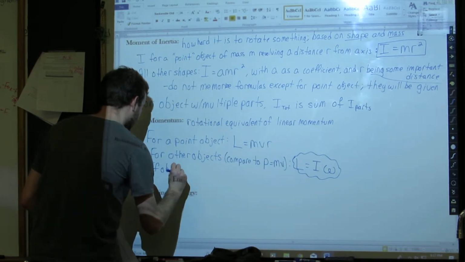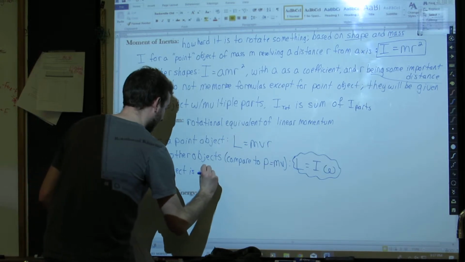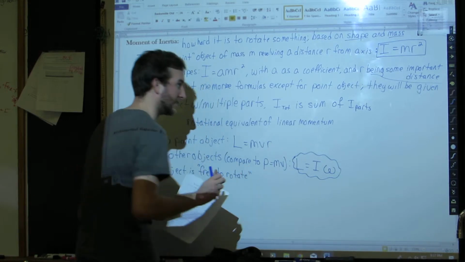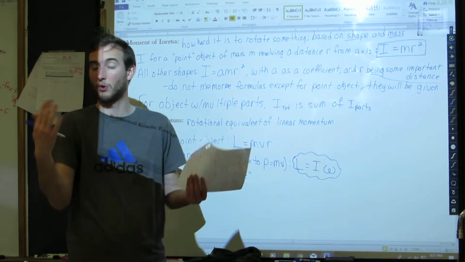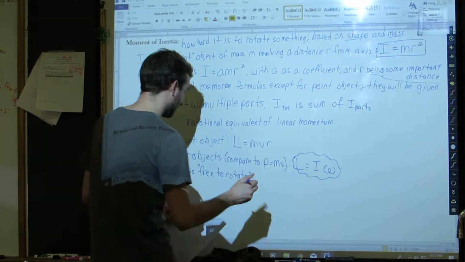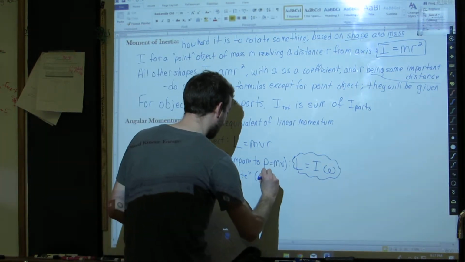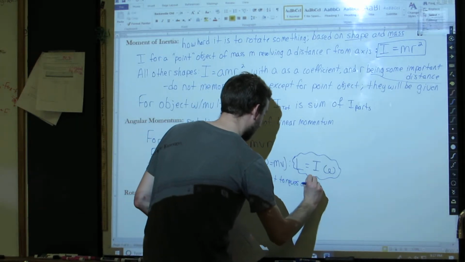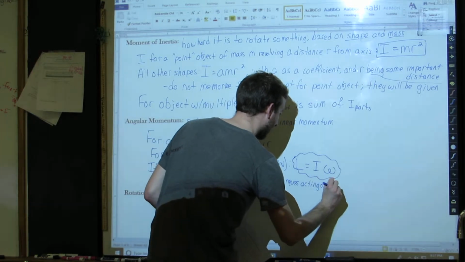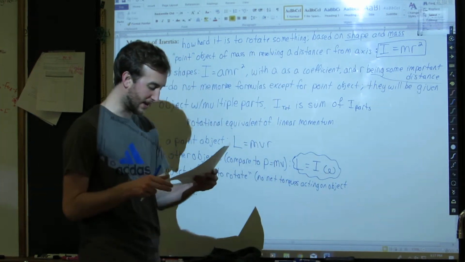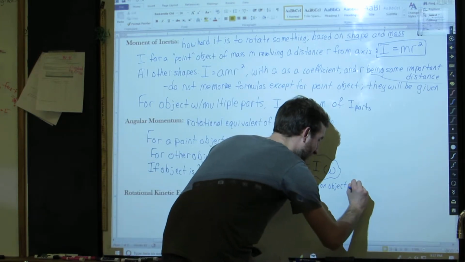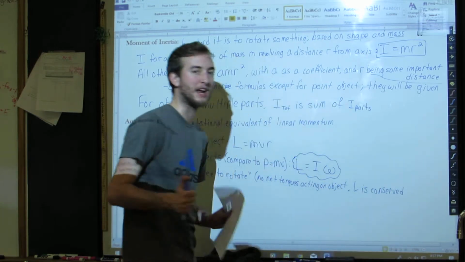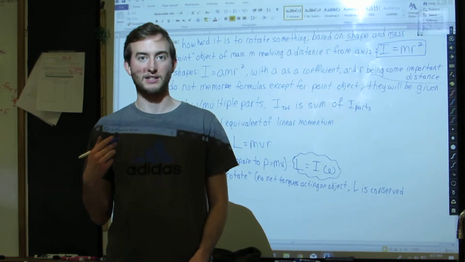If an object is free to rotate, if nothing's holding it in place, if a torque is put on it, it starts to rotate. Another way of saying that is if there are no net torques acting on the object, if the net torque is 0, then L is conserved. The angular momentum cannot change unless there is a torque acting on the object.